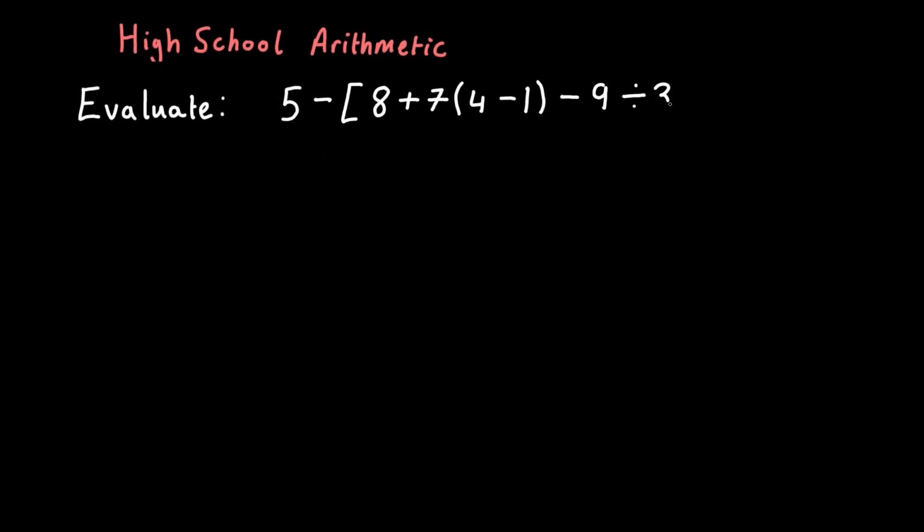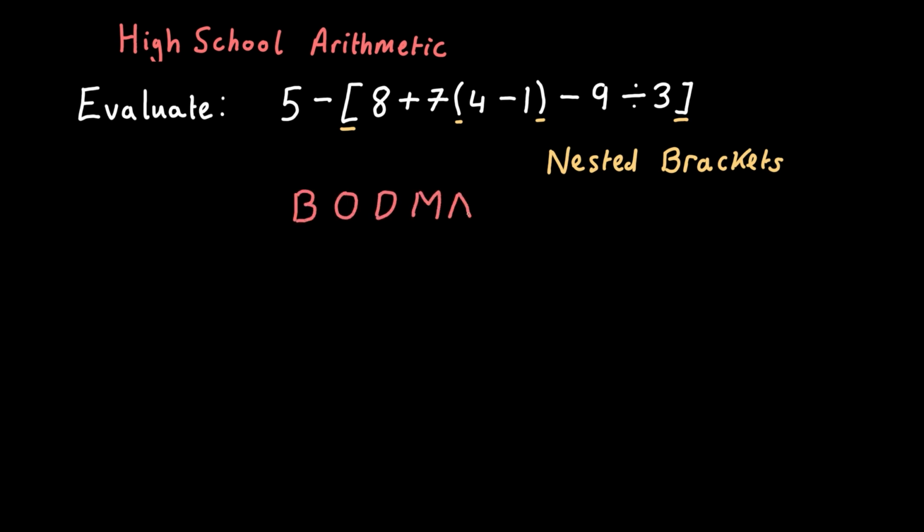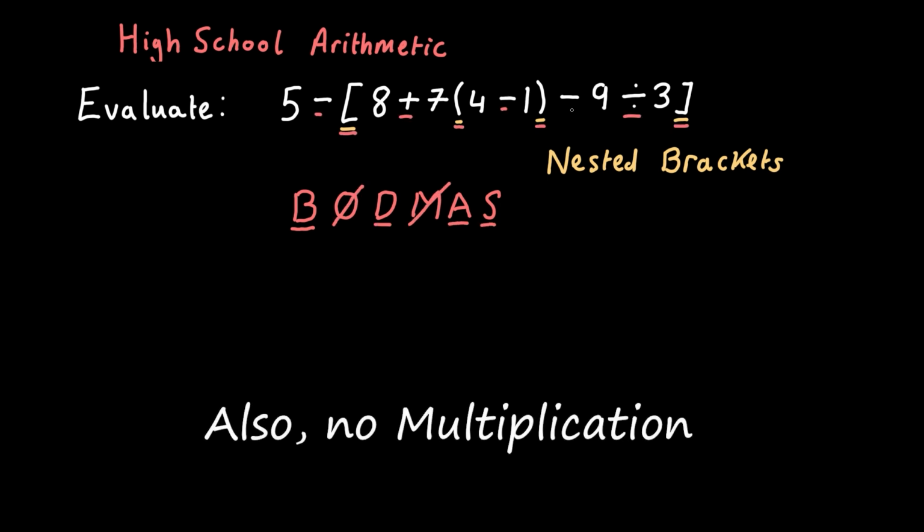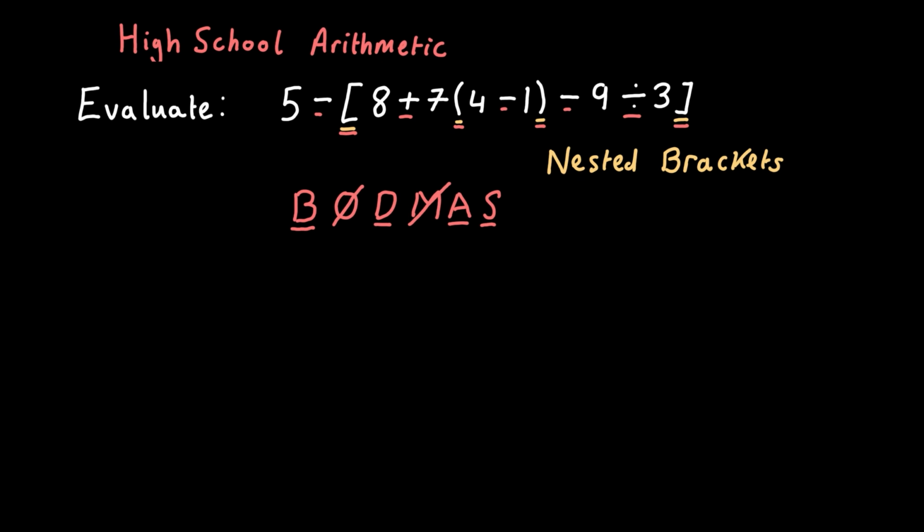These are brackets within brackets. When faced with nested brackets, we perform all the calculations in the innermost bracket first before moving to the outer bracket. So again, if we type out our BODMAS mnemonic, we find we've got all the operators except for the power or the order operator. So let's work on the innermost bracket in step 1.